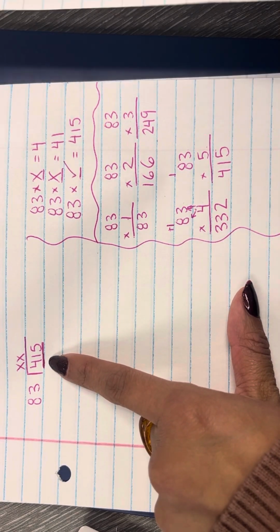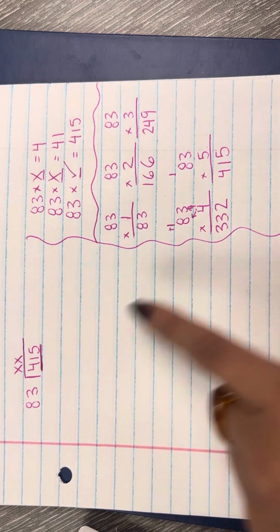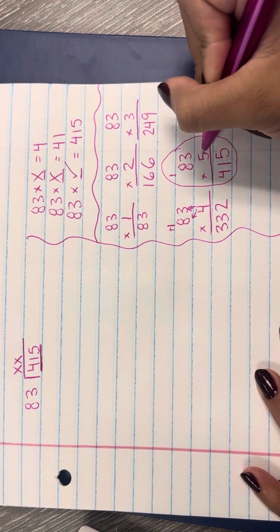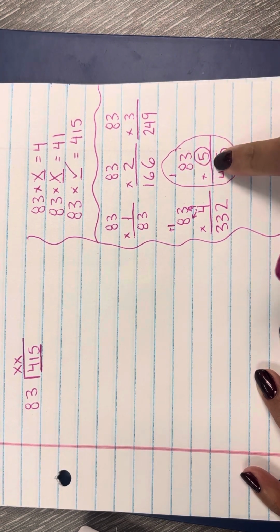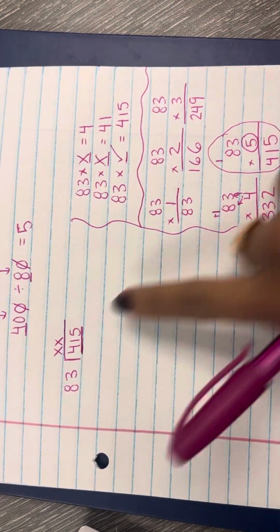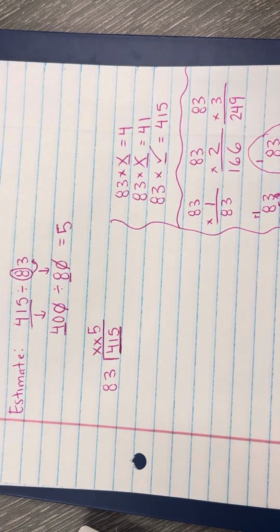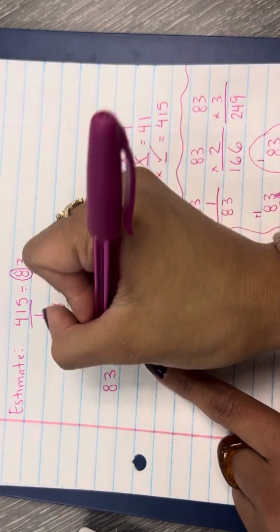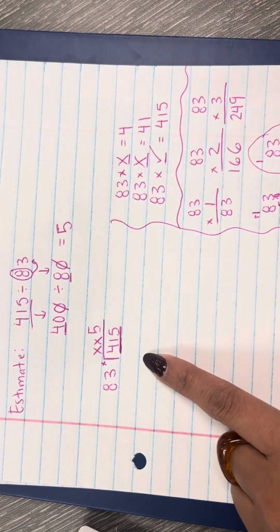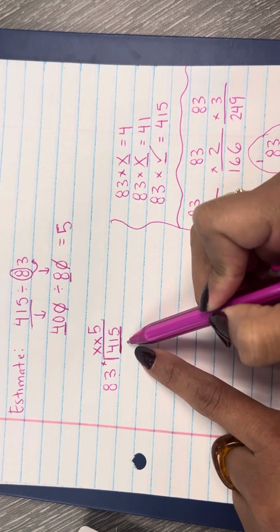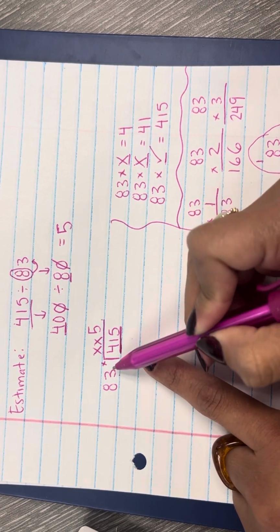So let's write out the number. I'm going to circle it so that I know this is what I'm using. And I'm circling especially that 5 because that 5 is going to go up here at the top. Now I do my little tiny multiply sign to remind me that now I have to do 83 times 5, and that's the number I'm writing under here, right?